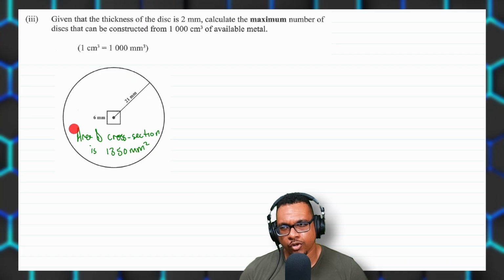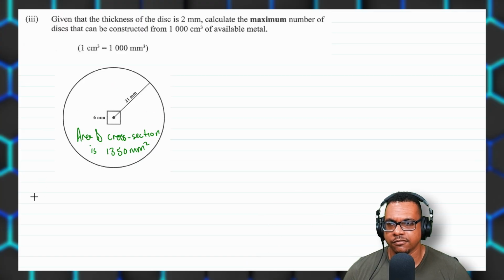Now, if we want the volume, if the metal is 2 millimeters thick, you have to multiply the cross-sectional area by that thickness, which we'll call the height. All right, so this 1,350 multiplied by this 2 millimeters will give us the volume of metal for this disc.